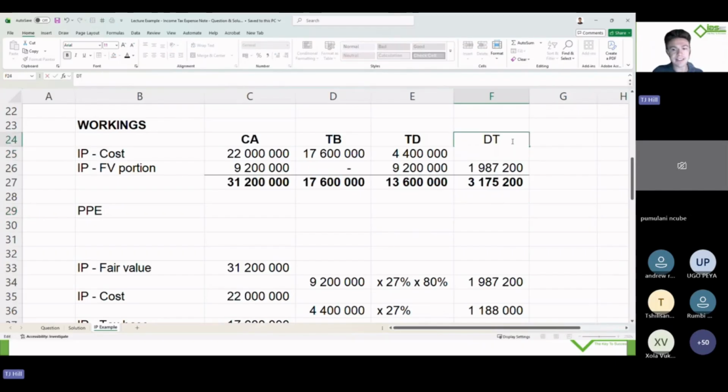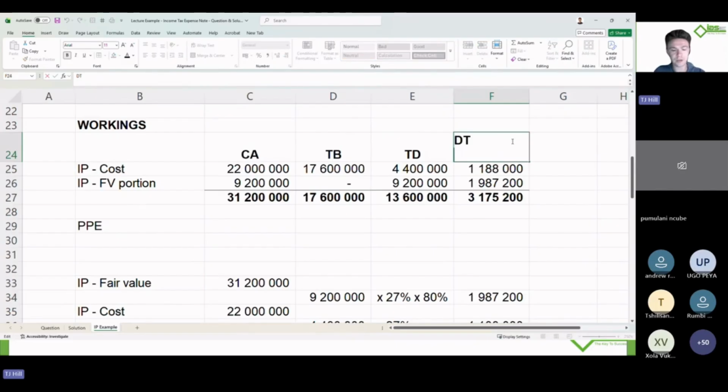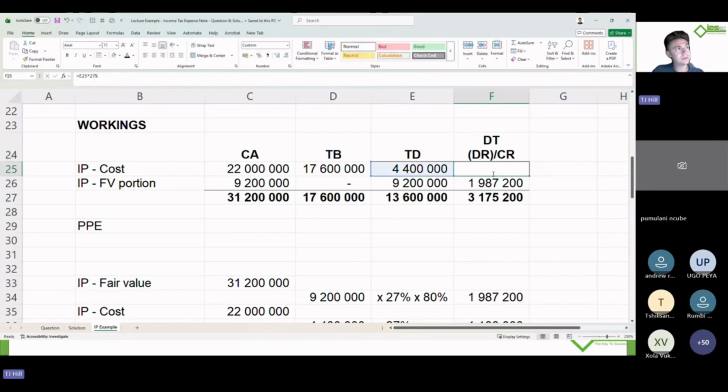When is it a deferred tax asset and when is it a liability? Very good question. A debit here is an asset and a credit here is a liability. If it is a plus in this calculation, it's a liability. If it is a minus, it is an asset, because you're going to base that assessment on the temporary difference.